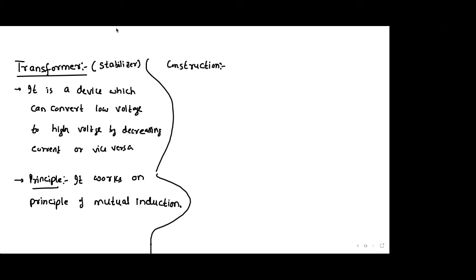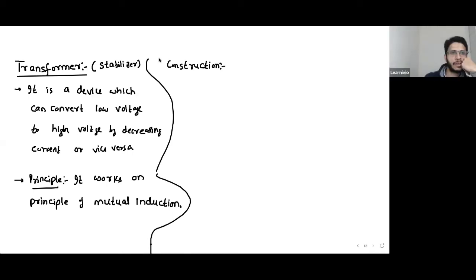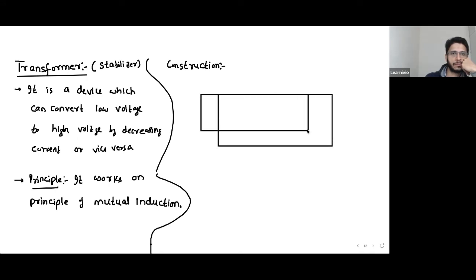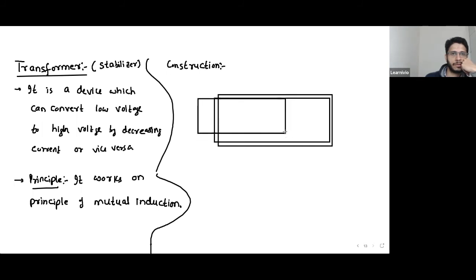A typical transformer has two parts. Basically, it has a core, this type of core. This is the core of the transformer.